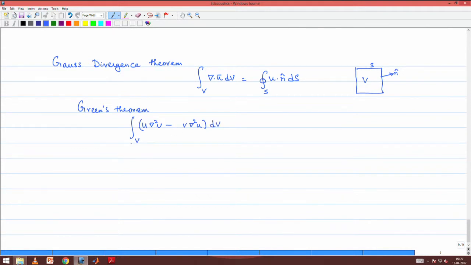We are going to see how we can reduce this volume integral into a surface integral. Towards that end, we add and subtract del u dot del v.